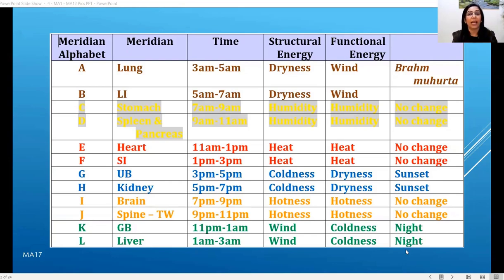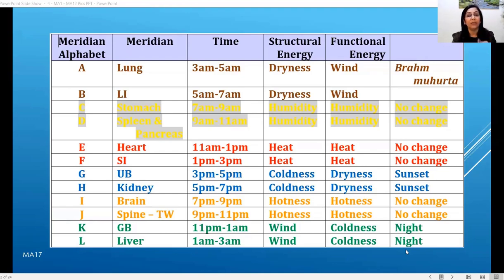Similarly, the organ clock time of the kidney and urinary bladder meridians is the sunset time, which relates more to the dryness energy time according to the access law. So functionally, the kidney and urinary bladder meridians are dryness meridians, and structurally, they are coldness meridians. Similarly, the organ clock time of the gallbladder and liver meridians is midnight, which according to the access law is coldness energy.